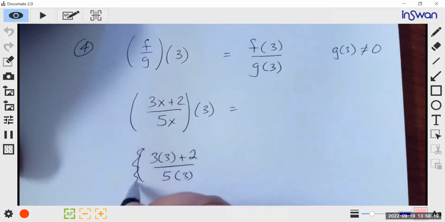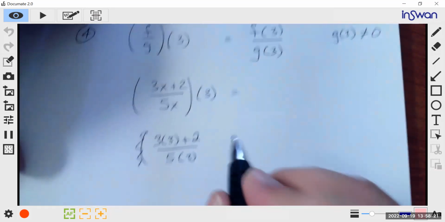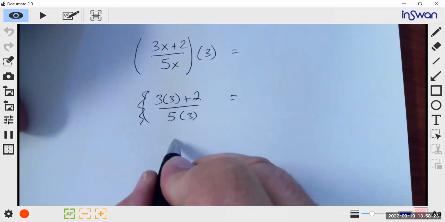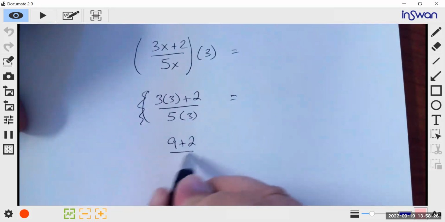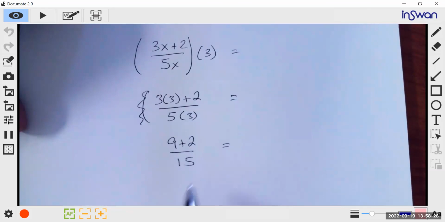We don't need parentheses anymore. 9 plus 2 over 15. 11 over 15.